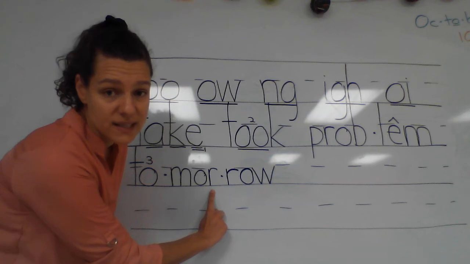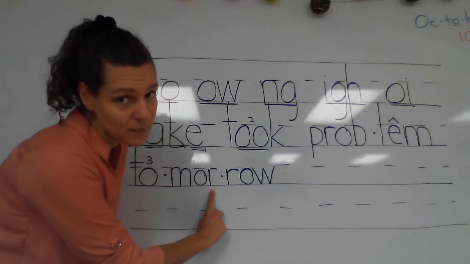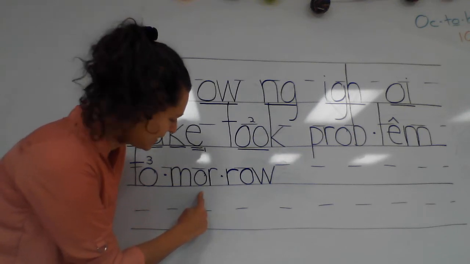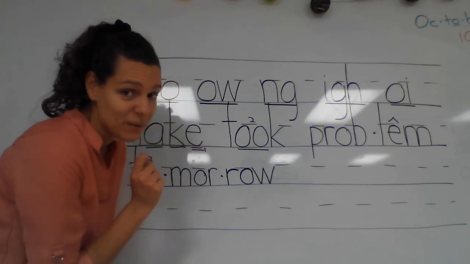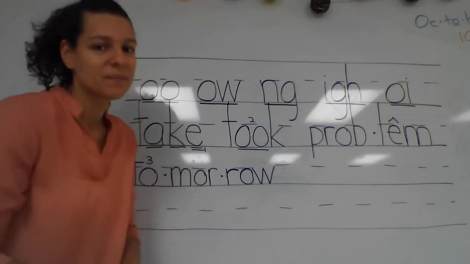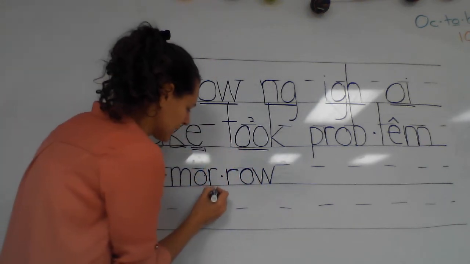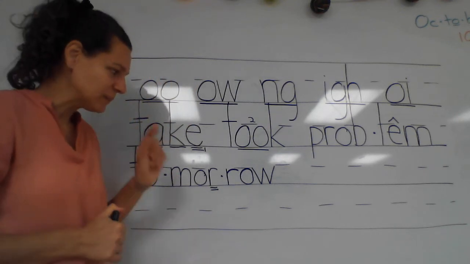The job of this consonant, r, is to close our syllable, and that keeps our vowel saying its first sound. So this is just here to make a closed syllable. We don't hear it when we're speaking. That means it's silent. What do we do to every silent letter? Good, we double underline it. We're gonna see that so much in the future.